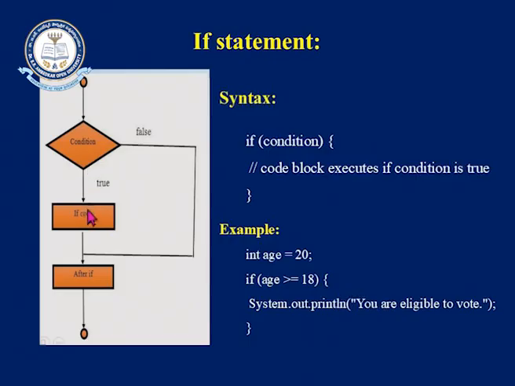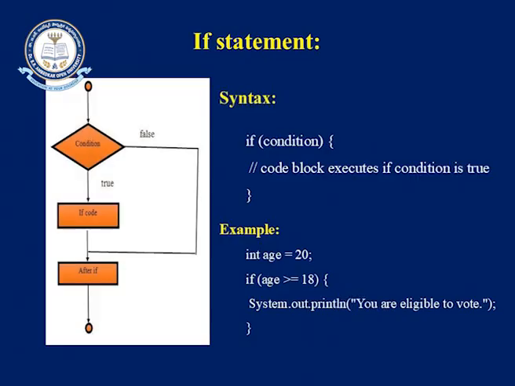So I put a simple if condition and test it. If the condition is true, then only the if code, or the statements here, are executed. Otherwise, the if block is skipped, and it comes out of the if statement and runs the remaining code of the program.